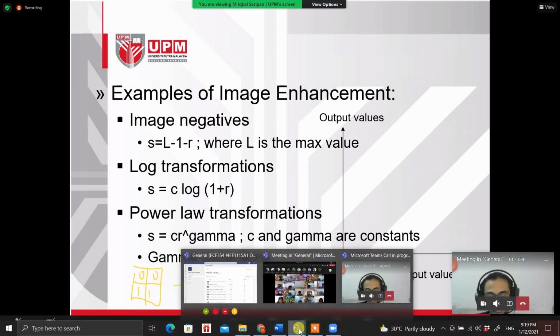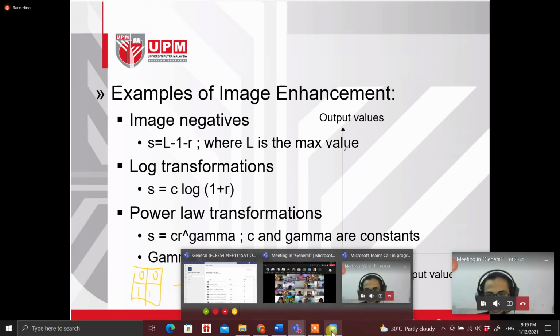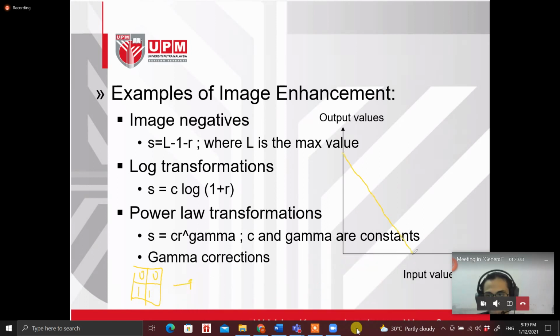Then you have a function like this, 0 until 7, whereby now 0 will be interpolated and become 7, and 1 here, if you interpolate, becomes 6.